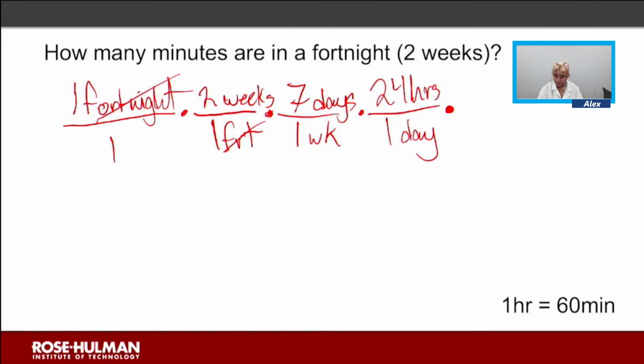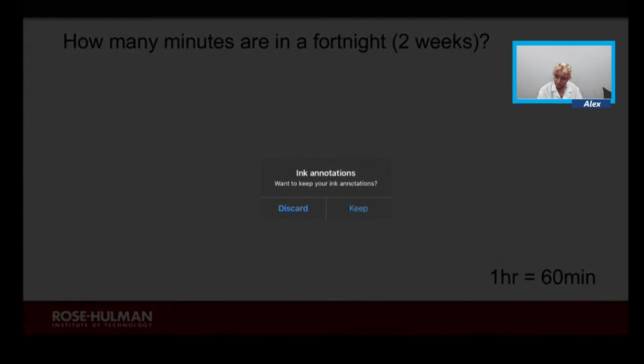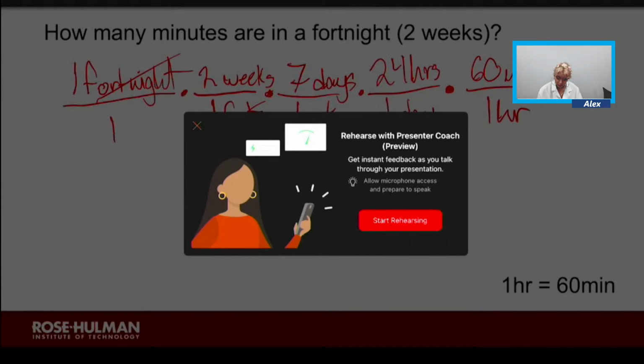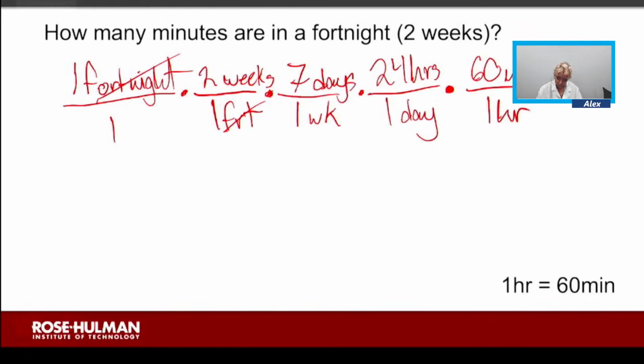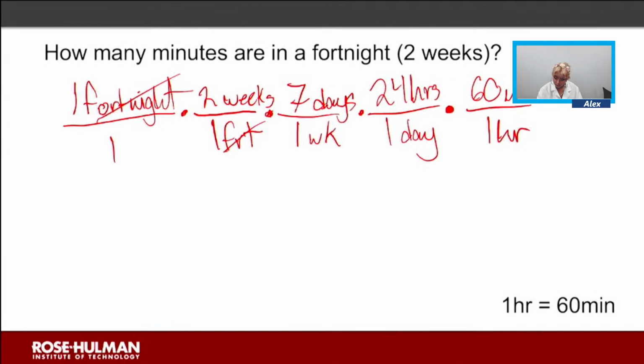eventual smaller unit. So in every 1 hour is 60 minutes. And you might know in your head that for every hour is 360 seconds or so on, but since we just want to get down to minutes, that's not something we're worried about. So weeks cancel out, days cancel out, hours cancel out, and we are just left with minutes.